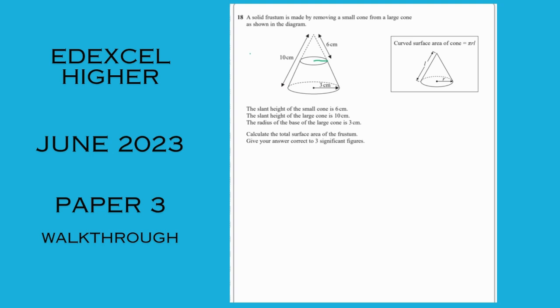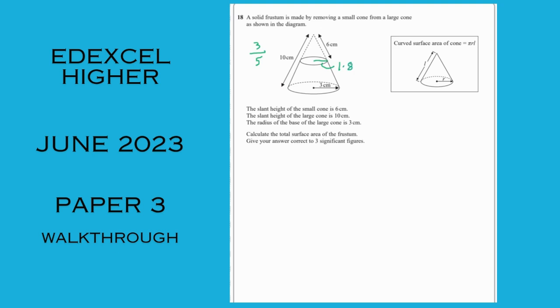Okay, well, it's been multiplied by 3/5. If you wanted to check that, do 6 divided by 10. So the multiplier from large cone to small cone is 3/5. 3 times 3/5 means the radius here is 9/5, or in other words, 1.8.